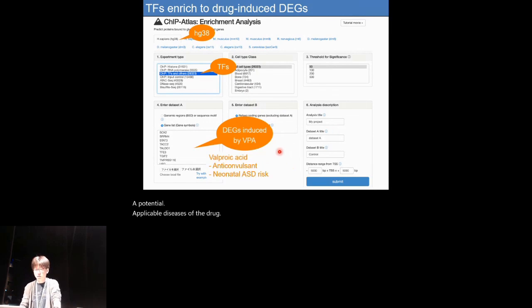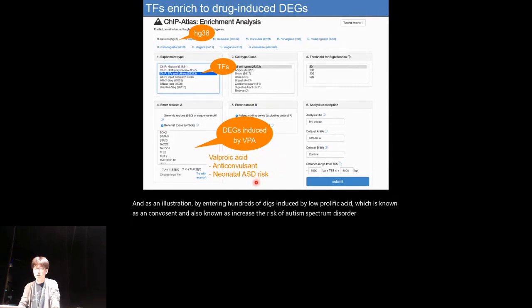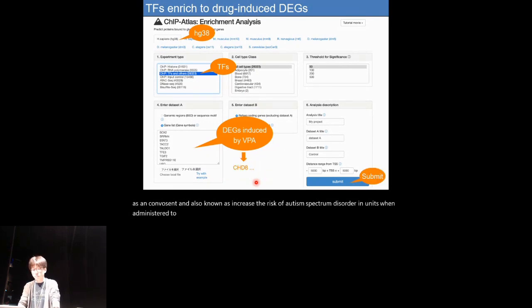As an illustration, by entering hundreds of DEGs induced by valproic acid, which is known as an anticonvulsant, and also known to increase the risk of autism spectrum disorder in neonates when administered to pregnant women, we found that CHD8, which was previously reported as a causative factor of ASD, was the top enriched TF around the input DEGs.